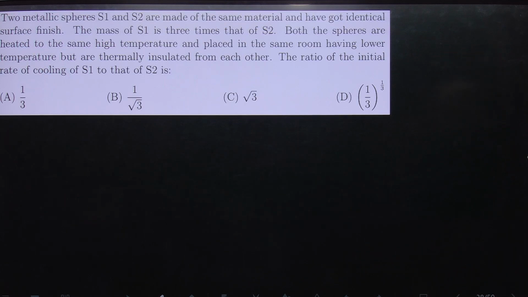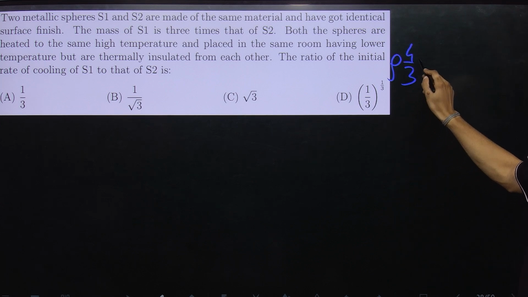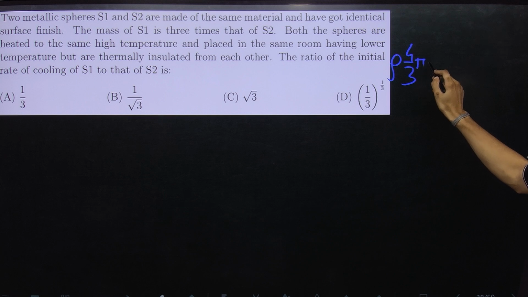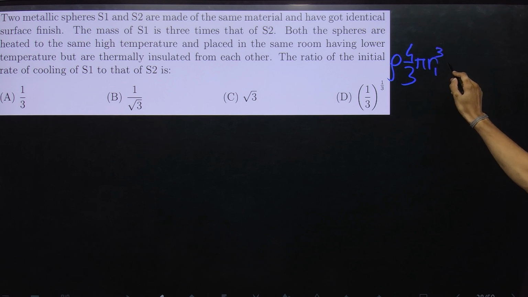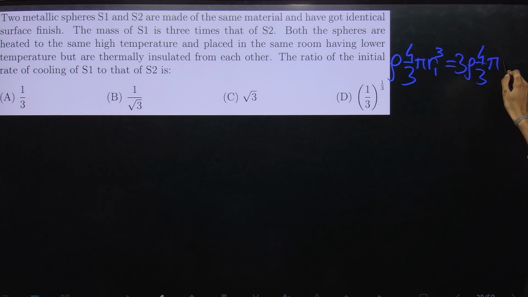Next question, we have two metallic spheres such that they are heated to same temperature and mass of S1 is 3 times mass of S2. Since they have the same density, we can compare their masses by saying that density into 4 by 3 pi into radius of 1 cube should be equal to 3 times density into 4 by 3 pi into radius of 2 cube.